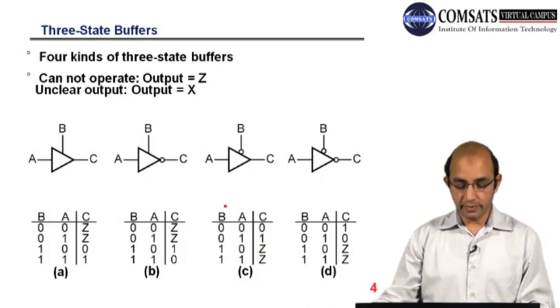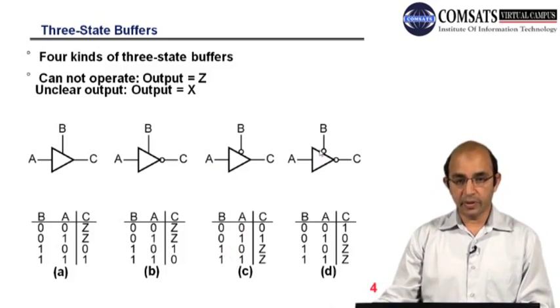Similarly, if we have B high or 1, it will be complemented and we will be having 0 at B originally. So irrespective of the input, we will be having high impedance at the output, or it will be acting as an open switch. In other words, the input is not communicated to the output whenever we have B equal to 1.